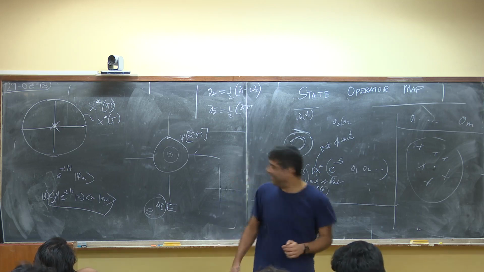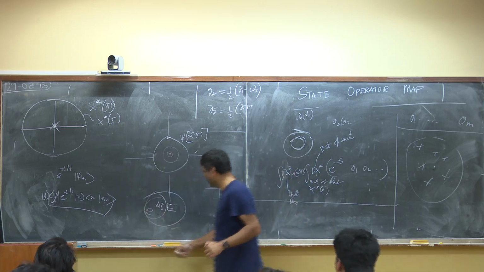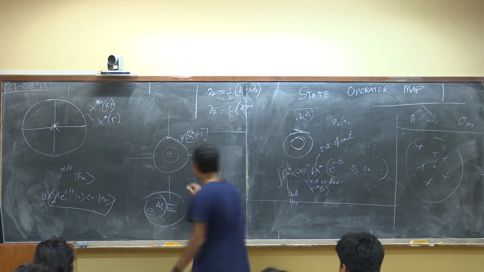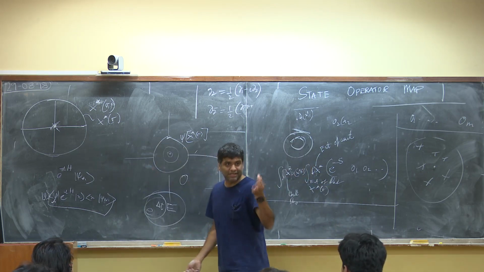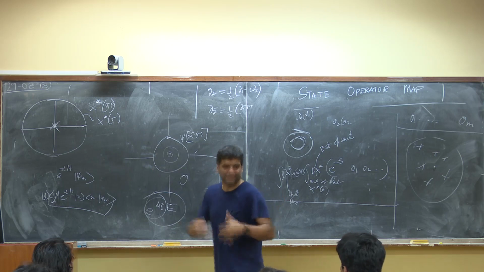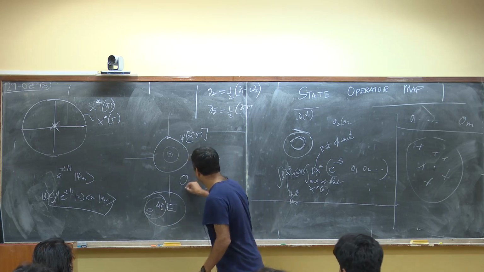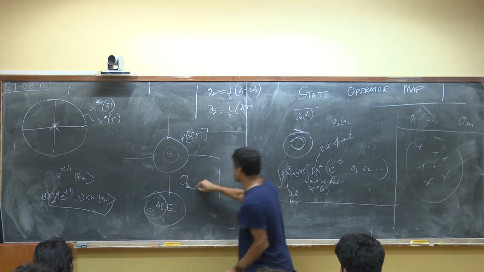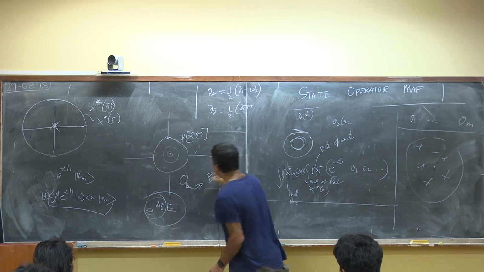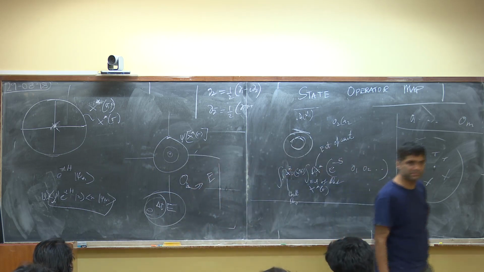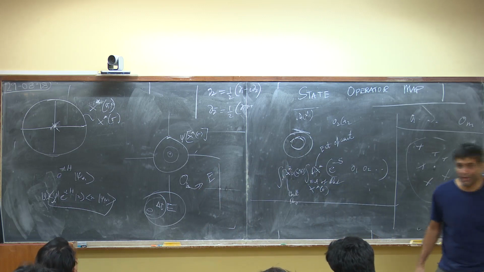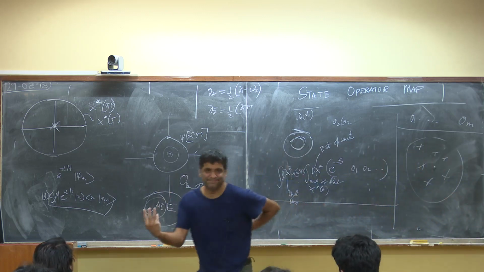The precise version of the statement, and we will see this as we go on, is that the scaling dimensions of the operators under the state-operator map, we'll define scaling dimension and so on, but you have an intuitive feel for this, will map to the energies of the states. So it's a very precise map.